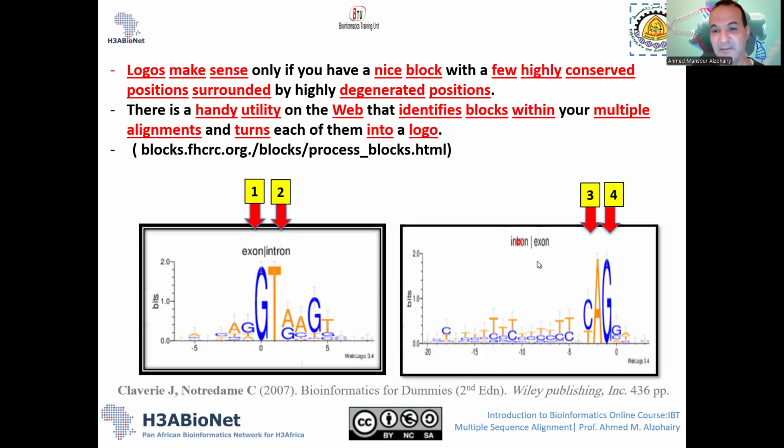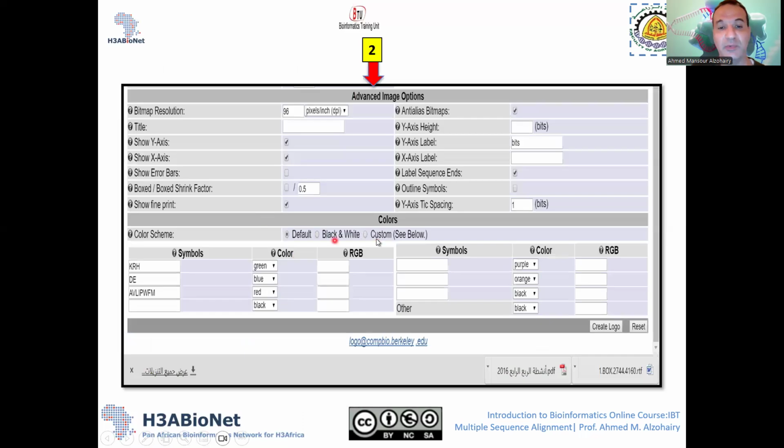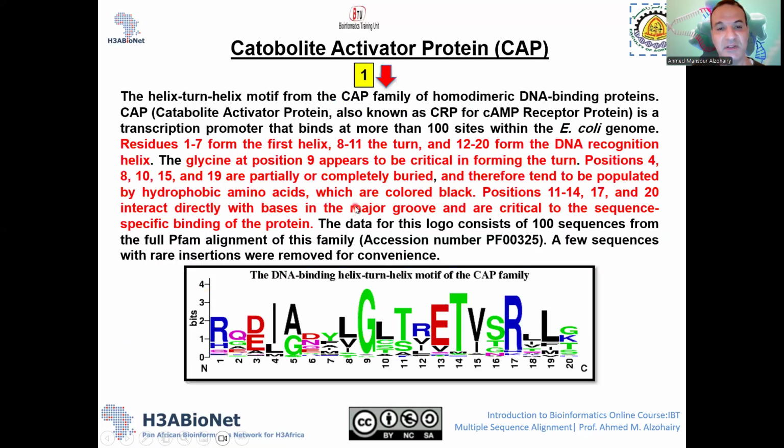This is the beginning and the end. Also, you have WebLogo. This is a program we can use, of course. There are many different examples. Here is a catabolite activator protein, a comparison between sequences.